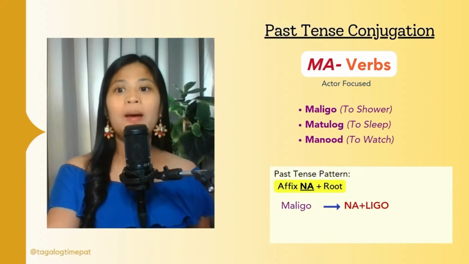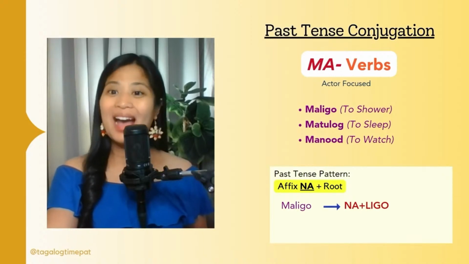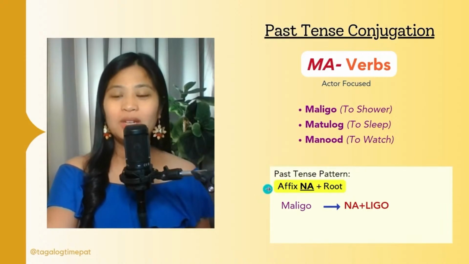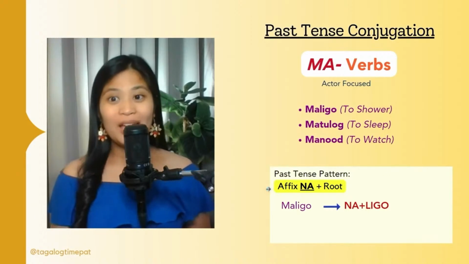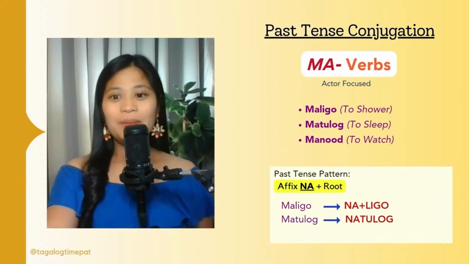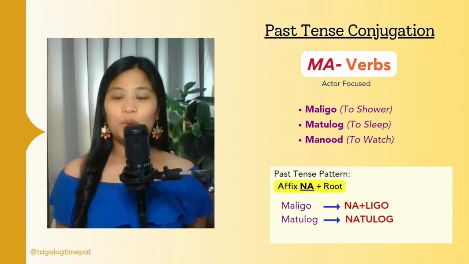What do you think matulog and manood will be in the past tense? Just use this pattern that we learned, affix na and then the root. Okay, matulog, to sleep, in the past tense is natulog.